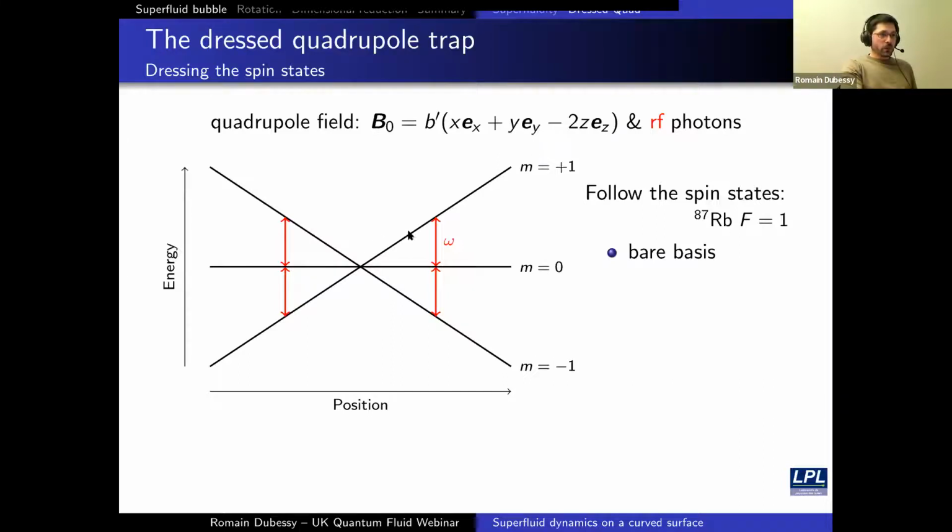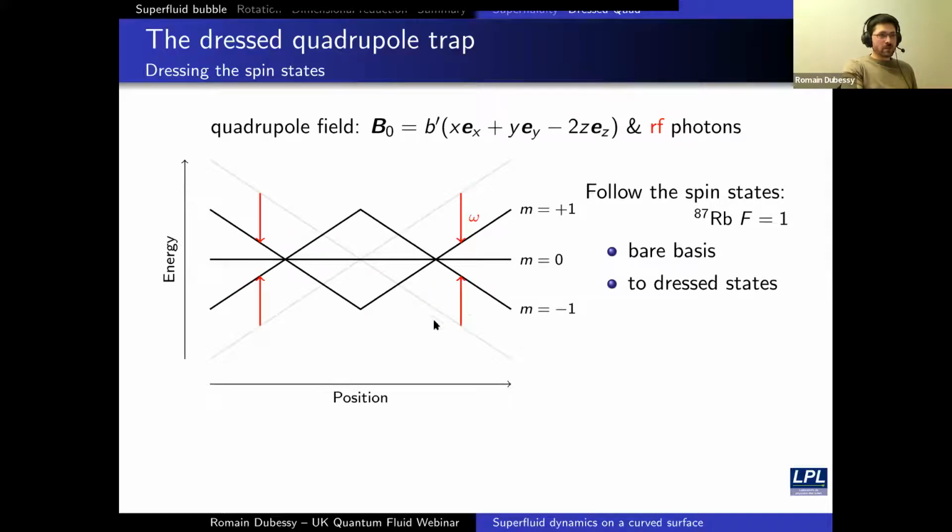And if you now couple the different Zeeman states with radio frequency photons, you know probably from quantum mechanics that it's better to look at this problem in the dressed state basis, meaning that you subtract the energy of one photon from the m = 1 state, and you add the energy of one photon to the m = -1 state, to evidence that you have a level crossing at some point.